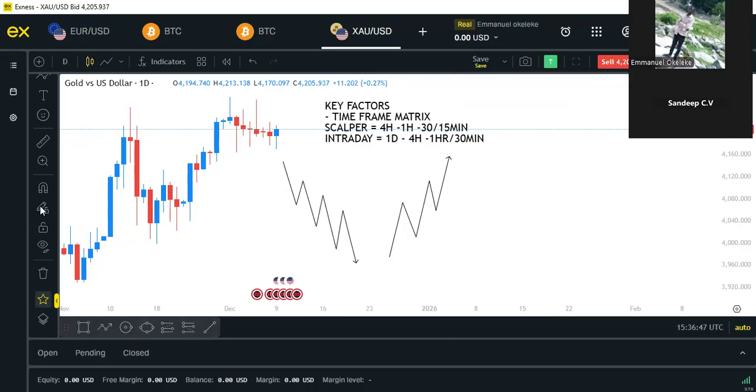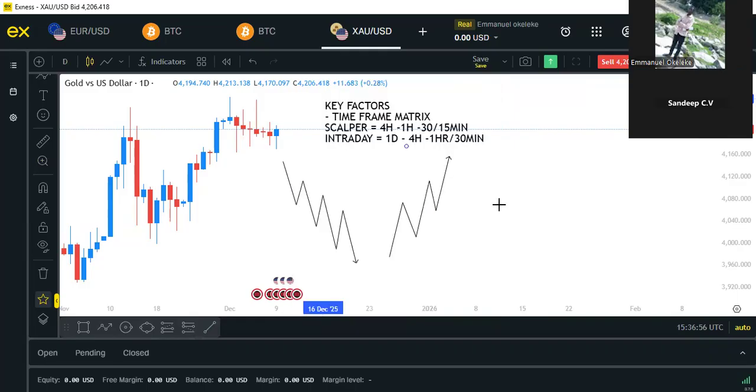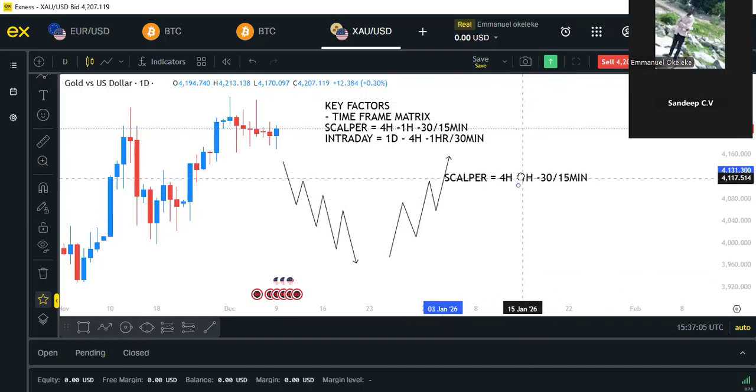So as a scalper, let me just copy this. This is the time frame matrix you are dealing with.